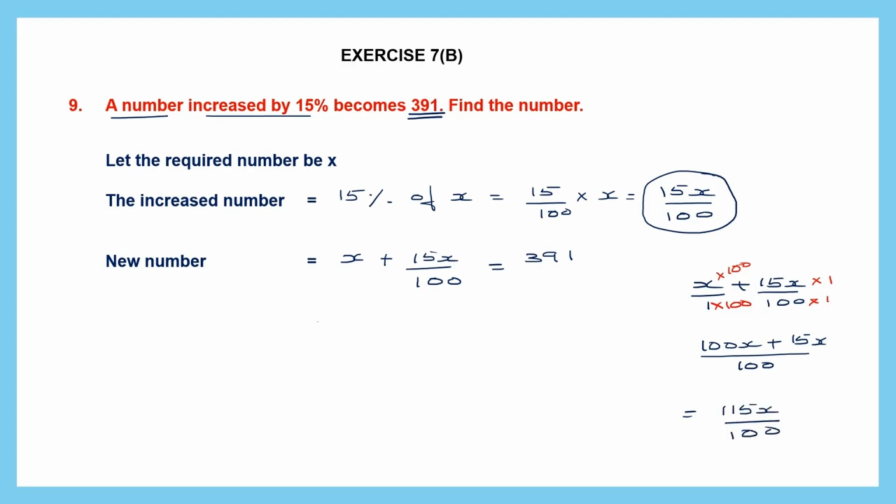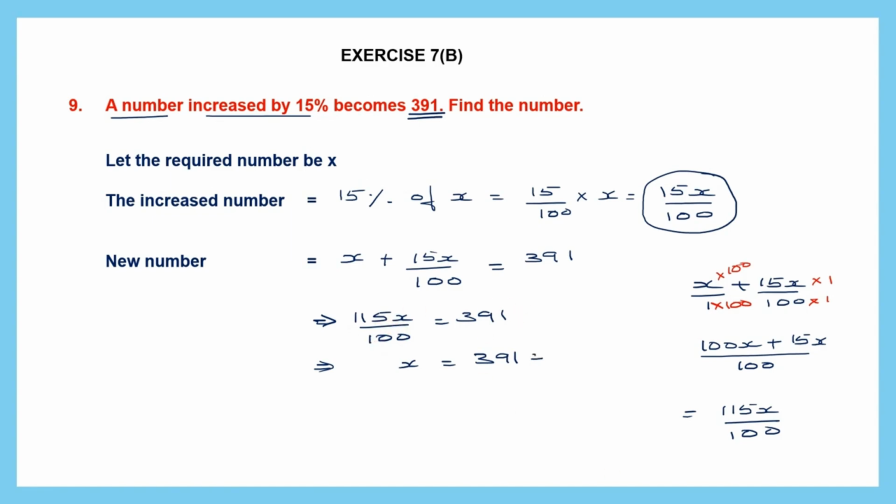So the new number is 115x by 100. This is equal to 391. So we have to find the value of x. So now let's find the value of x. x will be equal to 391. Now here we have 115 by 100, which is multiplication. So when it goes to the other side, it becomes division.